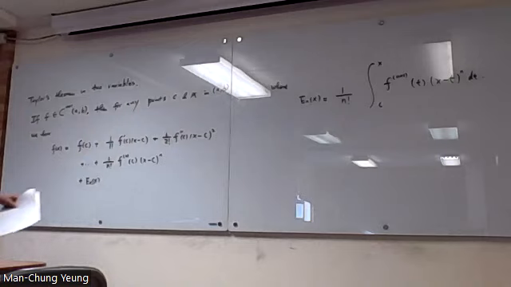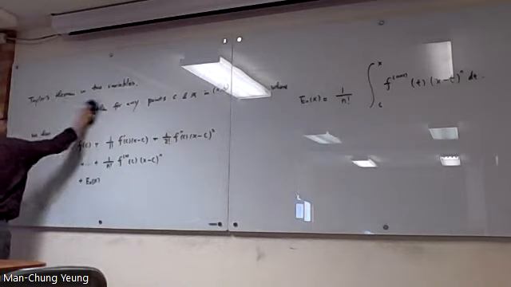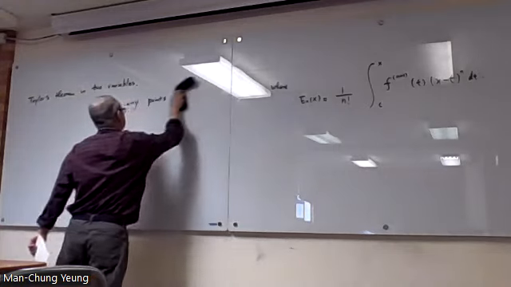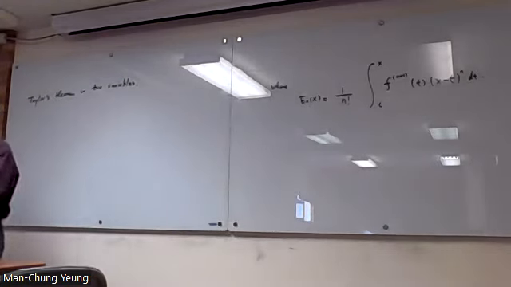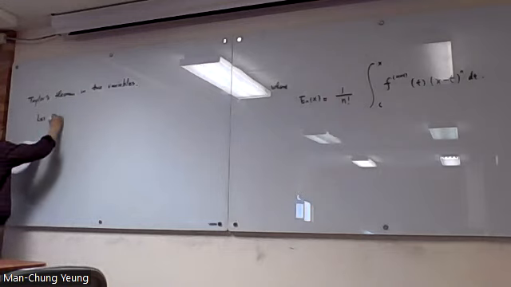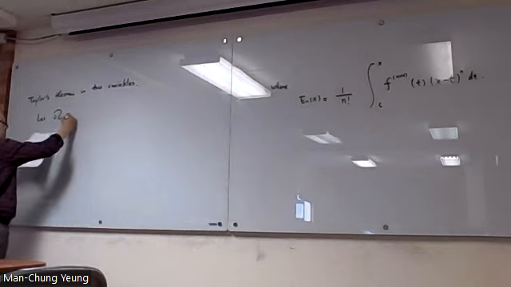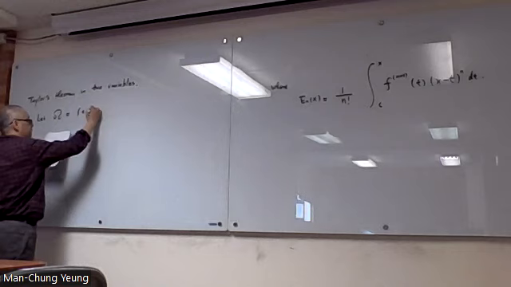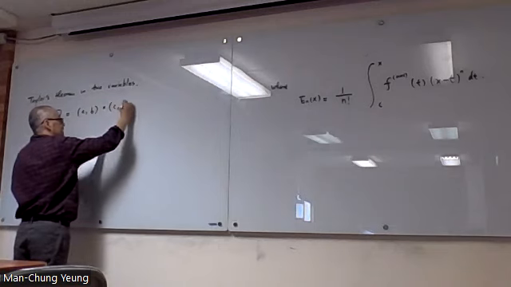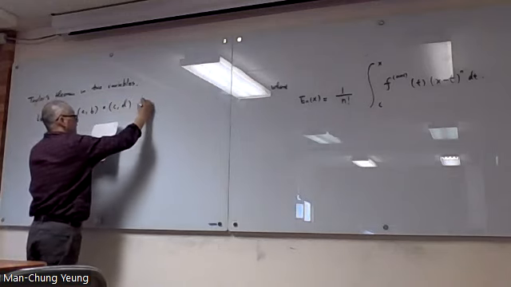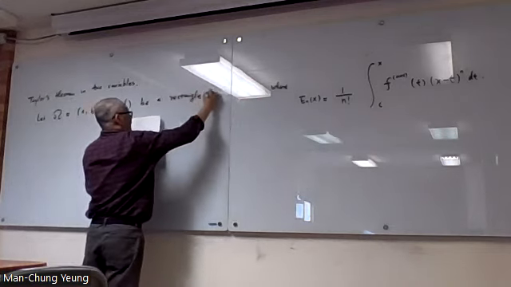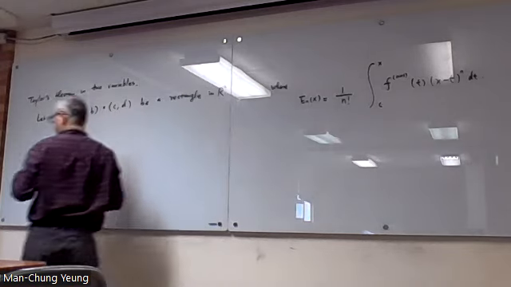Omega is (a, b) cross (c, d), where (a, b) is an open interval and (c, d) is an open interval. The rectangle is in R2, two-dimensional space.